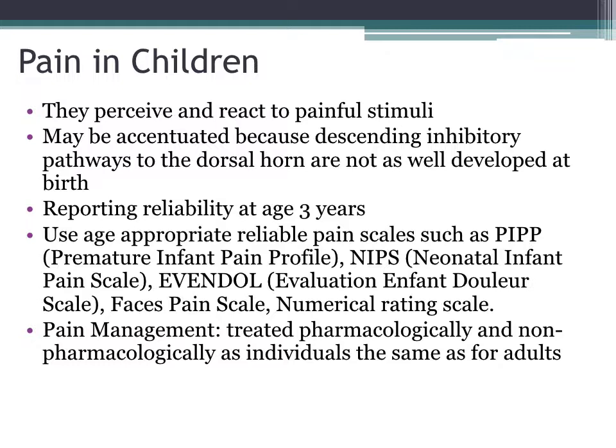NIPS is the neonatal and infant pain scale. The Evendal, which was developed in France and interpreted into English so it can be used here in the States. The FACES and the numerical rating scale are all scales that need to be used on children that are verbal.